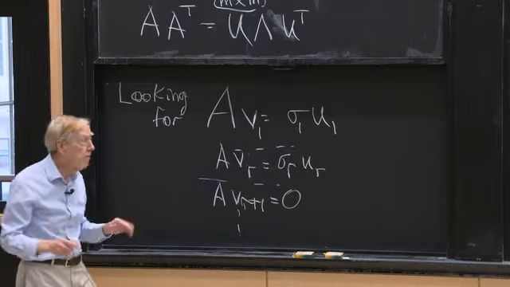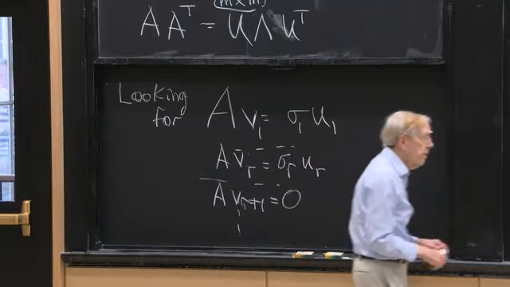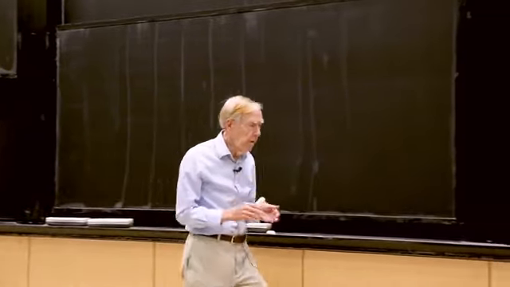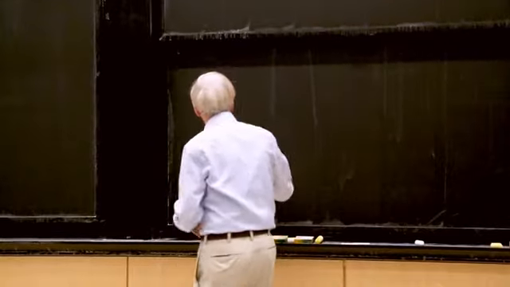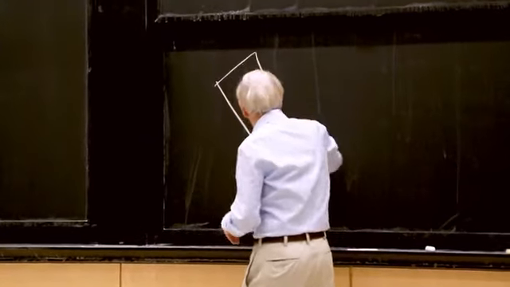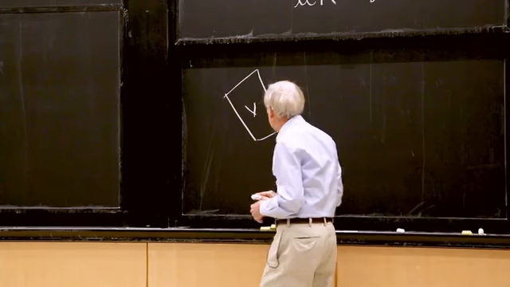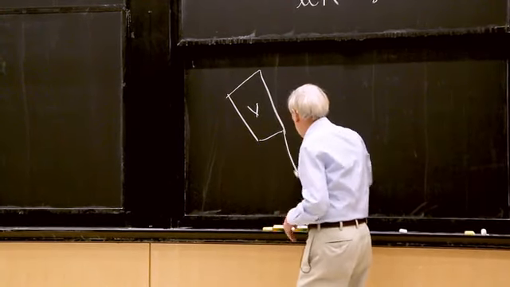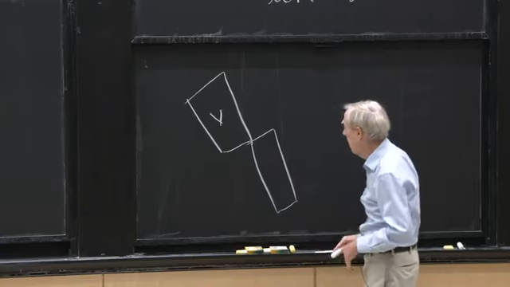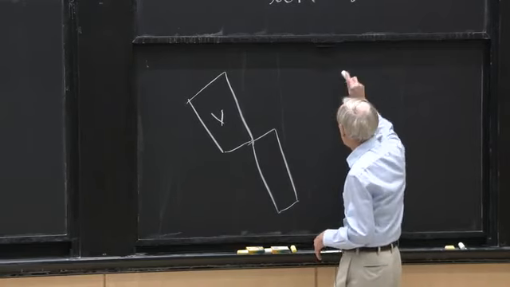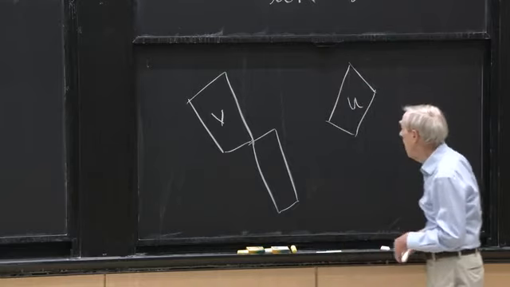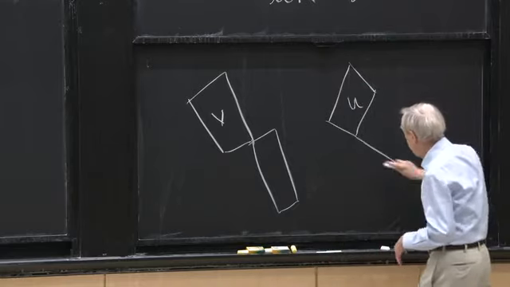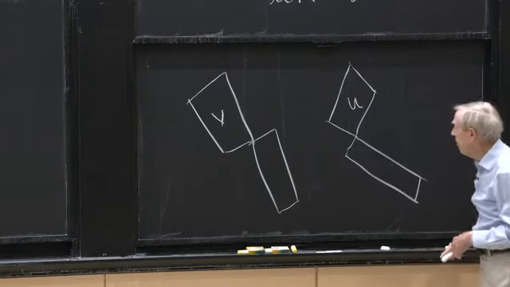In our picture of the big picture of linear algebra, we have V's in this space, and then stuff in the null space. And we have U's over here in the column space, and some stuff in the null space over there.